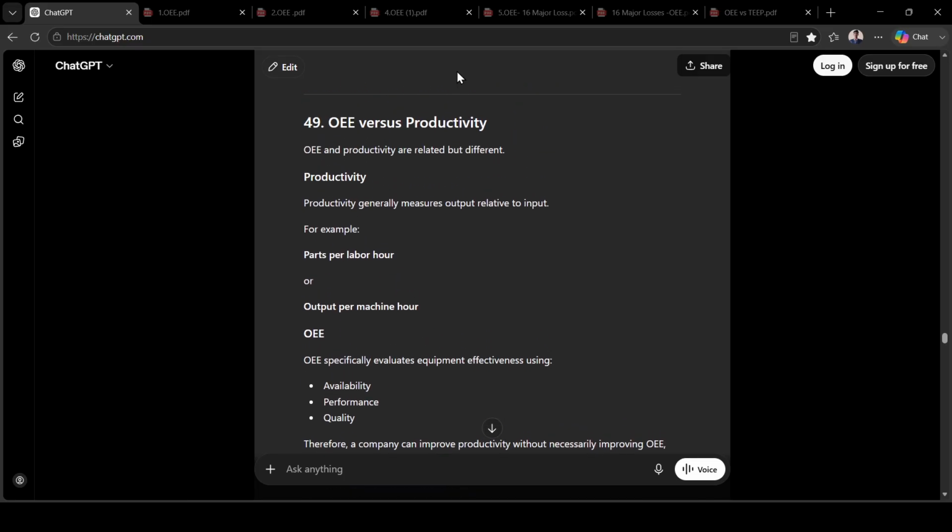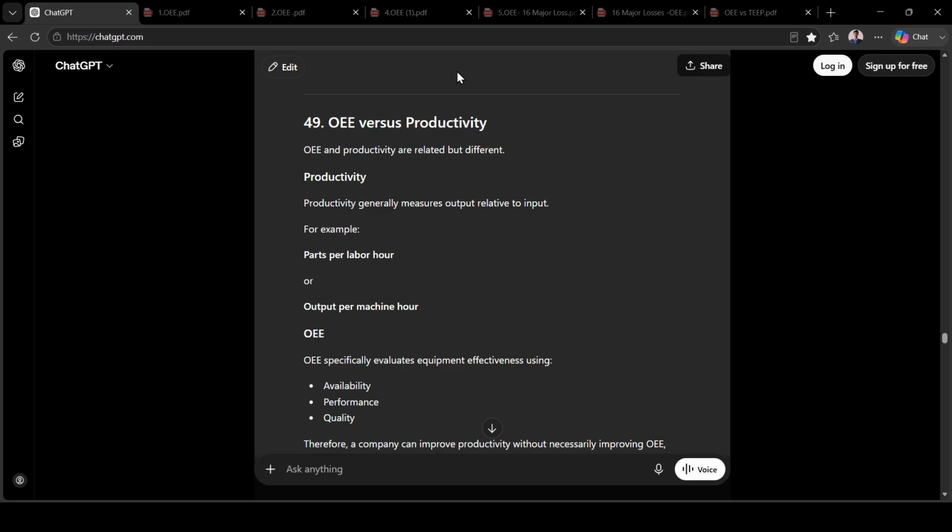One more topic is OE versus productivity. OE and productivity are related but different. Productivity generally measures output relative to input, output divided by input.